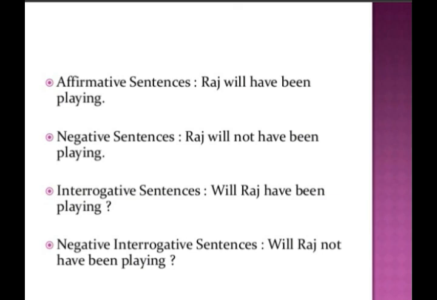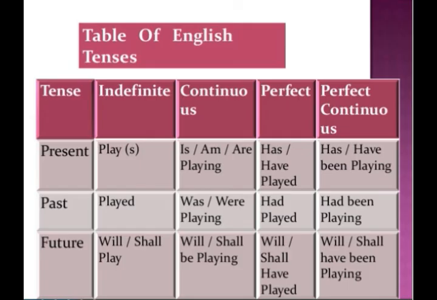In the last, we will again try to understand it with the help of a table. Means we'll try to understand all the above tenses with the help of a table. Let's see the table which will help us to understand the tenses in a more proper way.